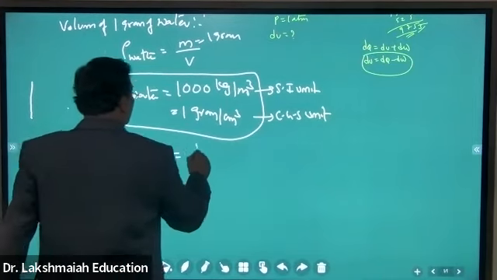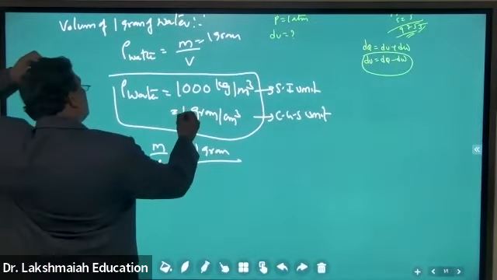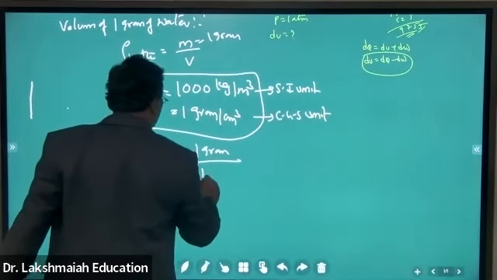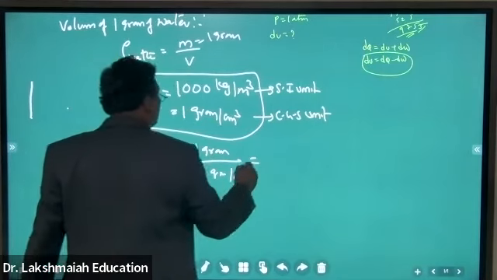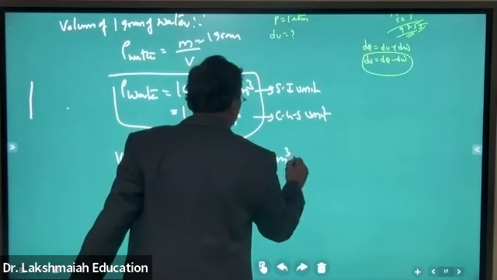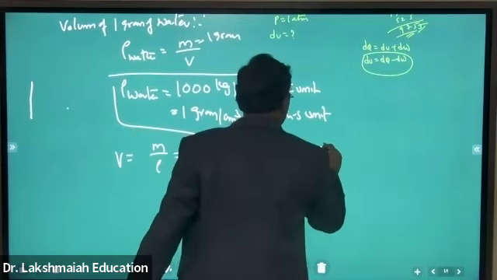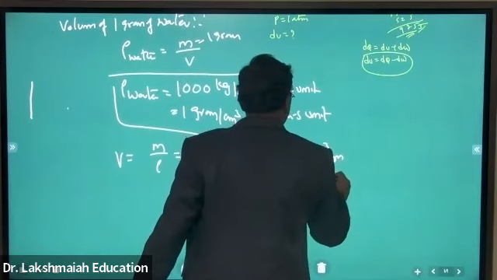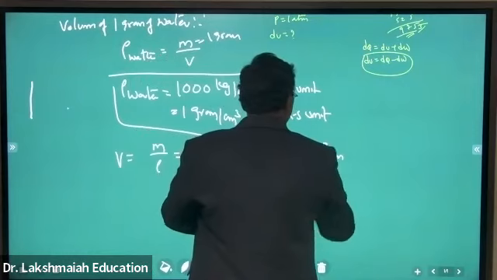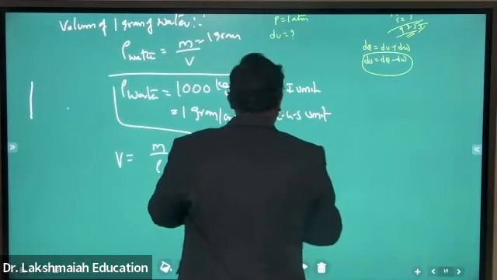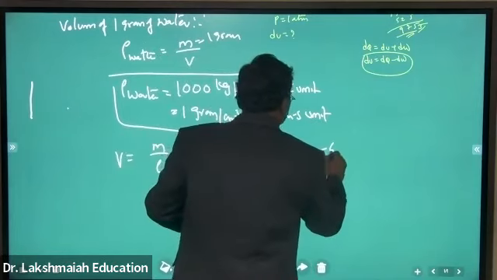Mass is 1 gram divided by the density in the CGS system, 1 gram per centimeter cube, so volume is equal to 1 centimeter cube. 1 centimeter cube is 10 power minus 6 meter cube.